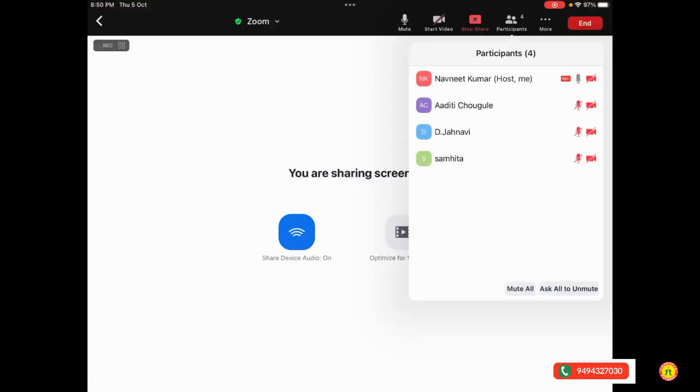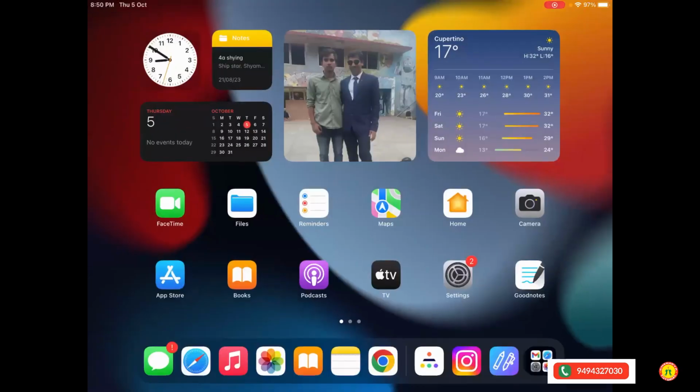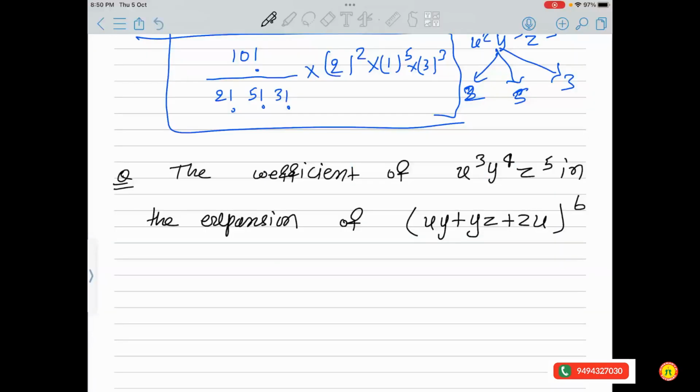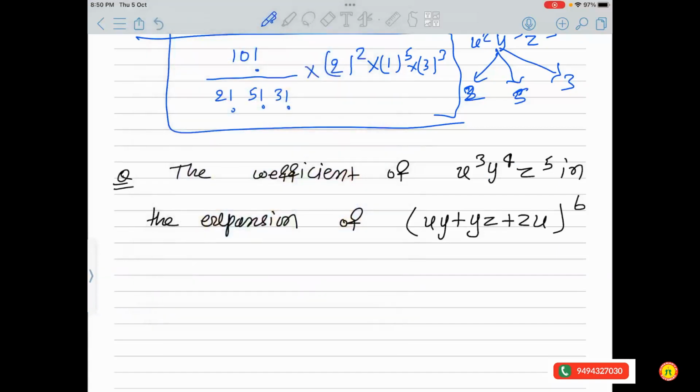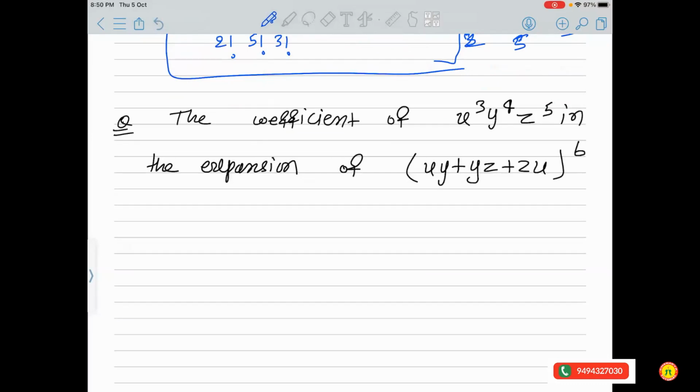Aditi? So this is the same kind of question, but a little bit different because here there is a multiple of 2 with xy plus yz plus zx.